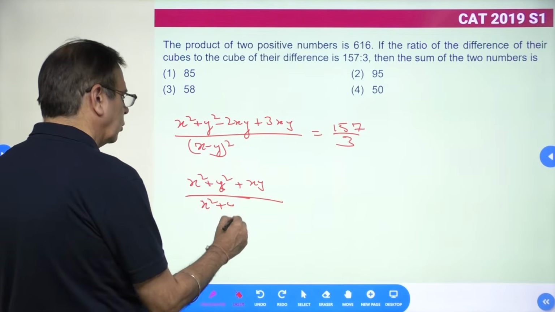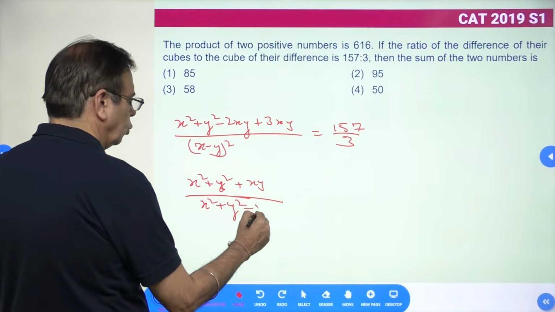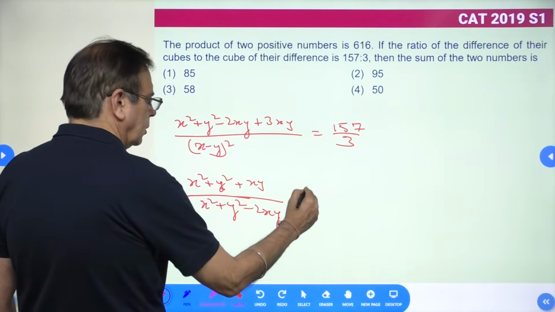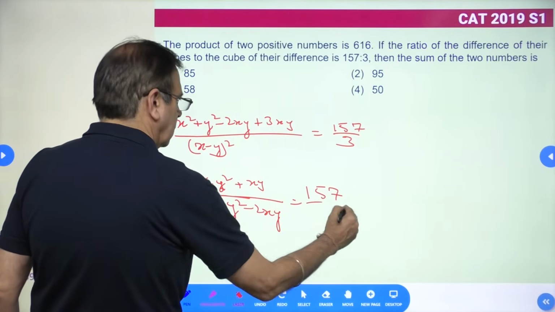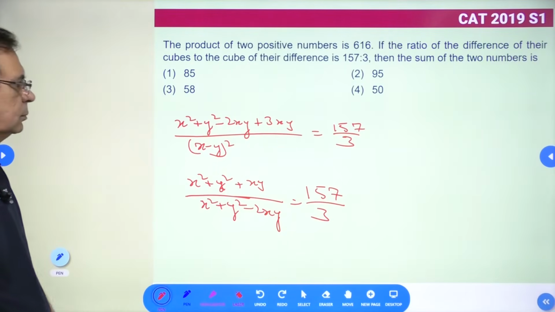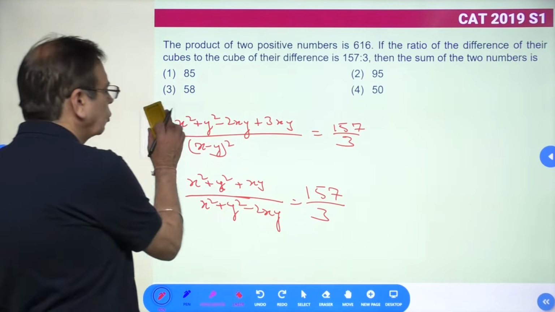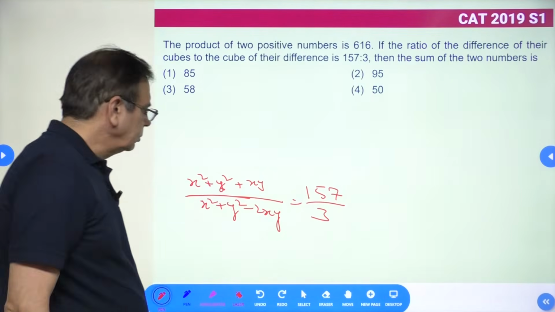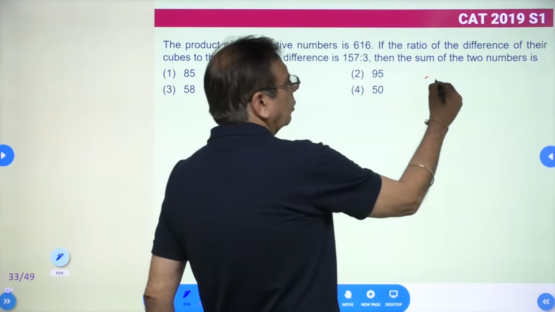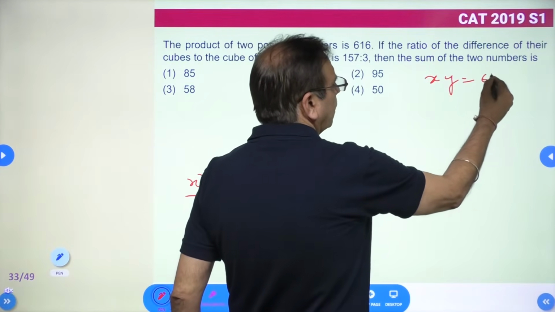x square plus y square minus 2xy. Okay. Solve this equation. If you have to solve this equation now, remember we already know that x into y is equal to 616.